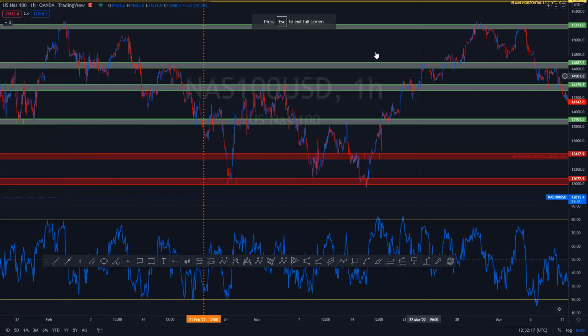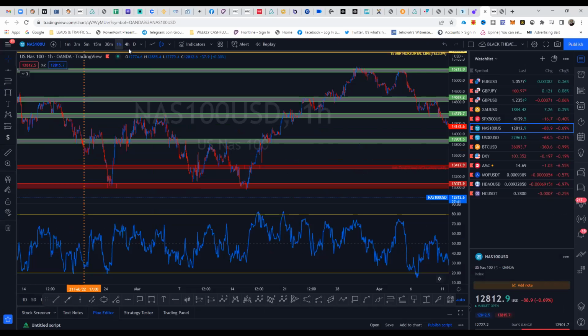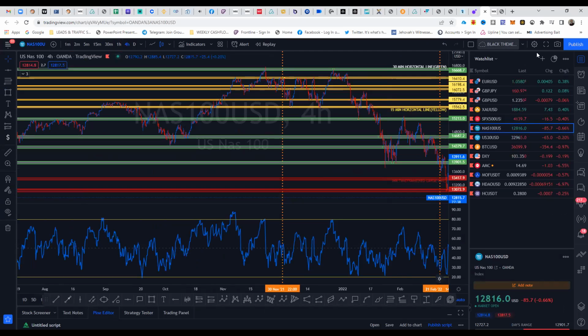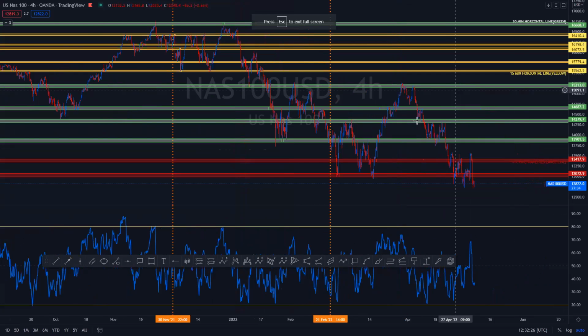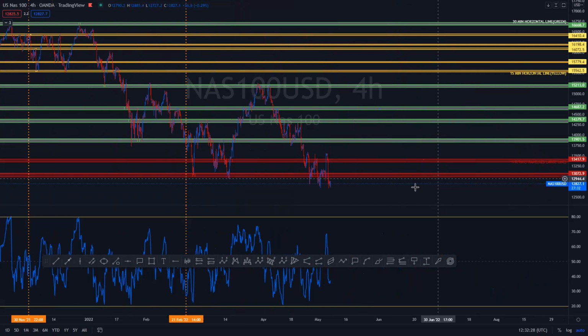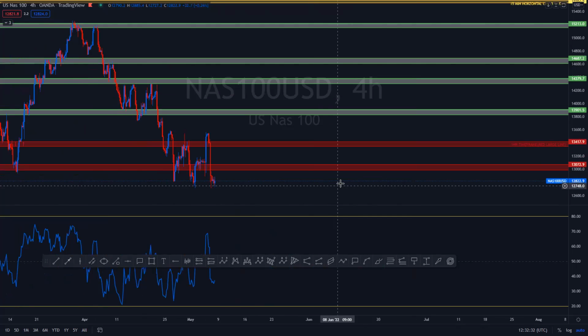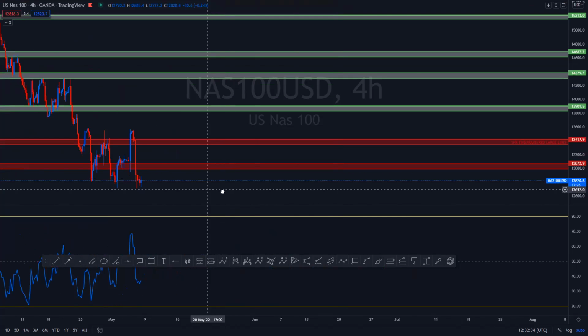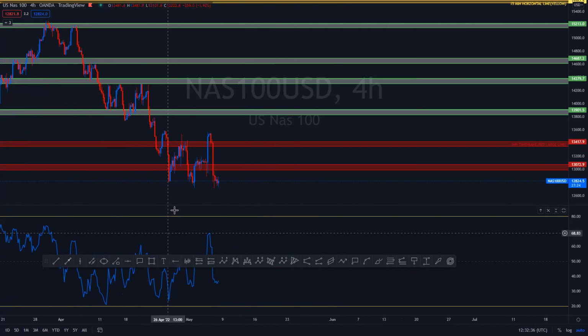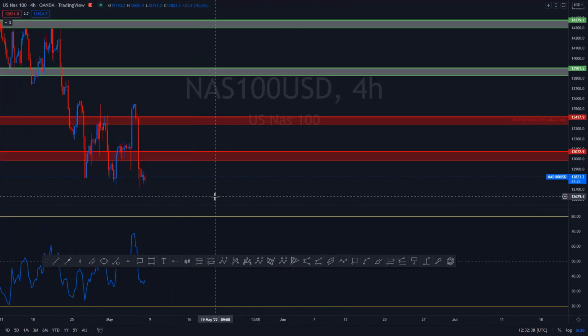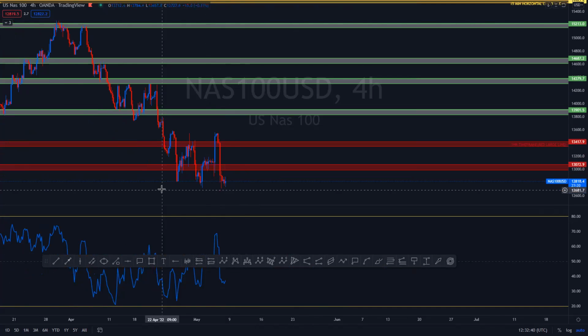Then we're gonna go ahead and move on to the 4 hour, see if we're near current price. Which we are right here. So I think at this point, possibly could put a zone down here.